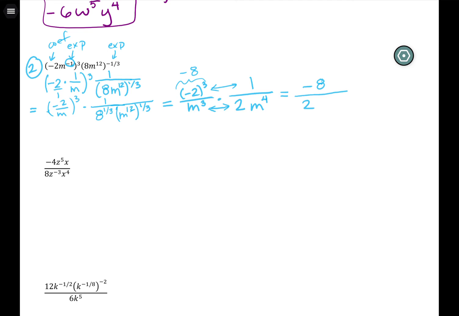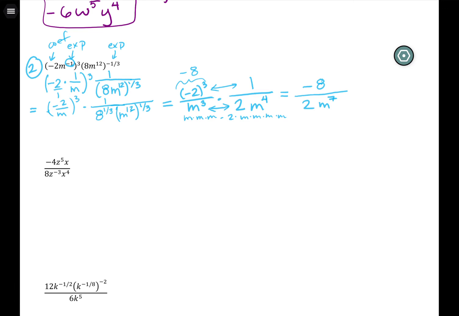So basically on the bottom, I have m times m times m times 2 times m times m times m times m. So if you count that up, there are 7 factors of m. So you represent repeated factors with a power. So that is my final answer.